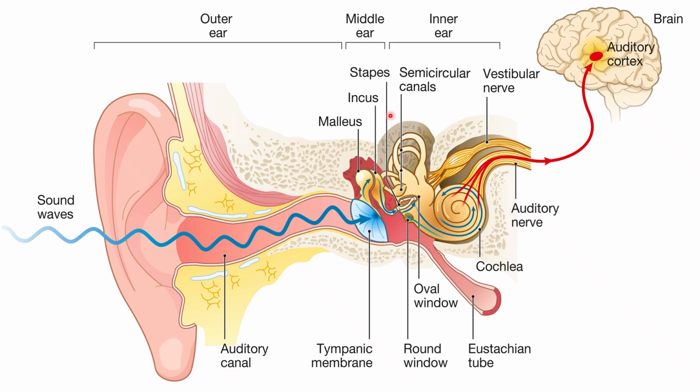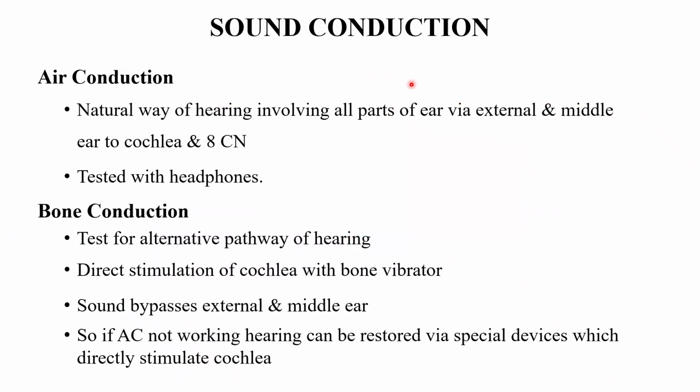Whereas bone conduction directly stimulates the cochlea, then that vibration moves further from the cochlea to the eighth nerve and to the auditory cortex. So for bone conduction, the external and middle parts, which are the parts of conduction, are spared. So we'll see what I was saying.